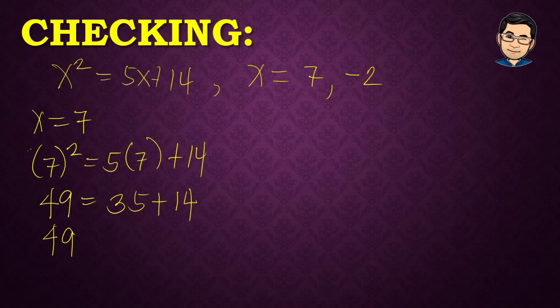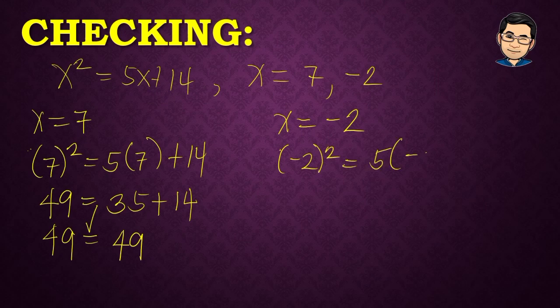49 equals... the sum of 35 and 14 is 49. So that is correct for 7. For negative 2: negative 2 squared equals 5 times negative 2 plus 14. Negative 2 squared, 4, equals 5 times negative 2, negative 10, plus 14.